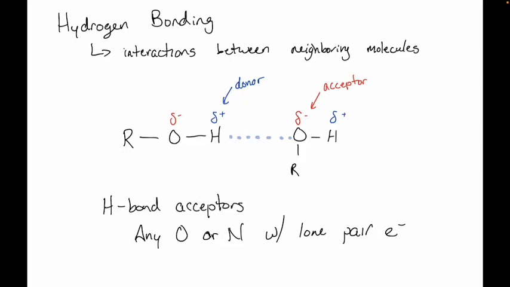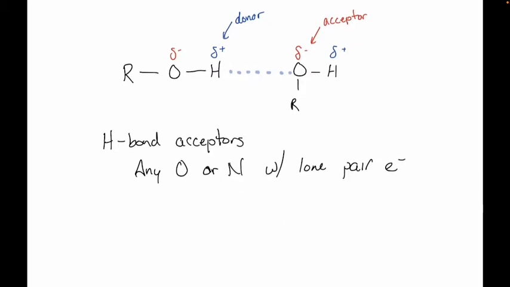So in our hydrogen bond, we call the hydrogen the donor, we call the oxygen the acceptor, and really any oxygen or nitrogen that has a lone pair can be considered a hydrogen bond acceptor. So certain functional groups will have hydrogen bond acceptors, but no donors. Anyways, looking at a molecule, we want to be able to identify whether it's going to engage in hydrogen bonding, whether it has a hydrogen bond donor, and whether it has a hydrogen bond acceptor.